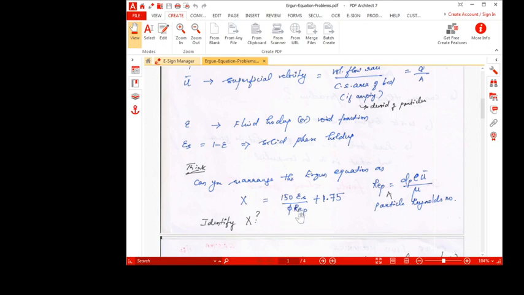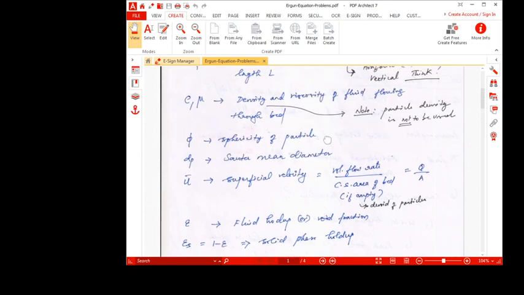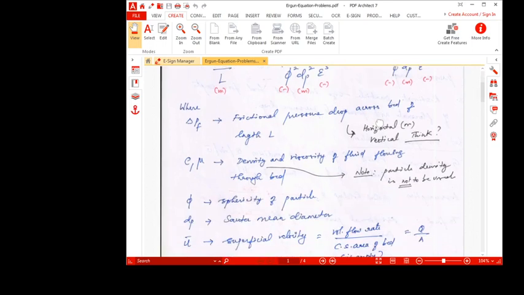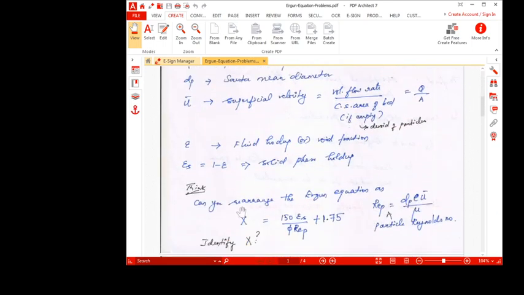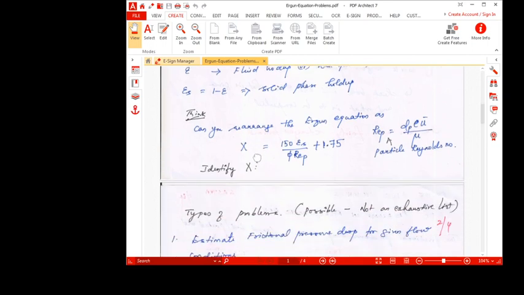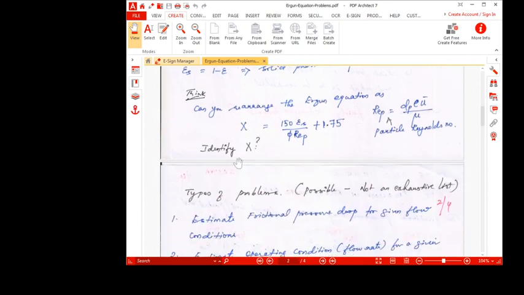In this form, Re_p is the particle Reynolds number given by this expression, where rho and mu are again fluid properties, u bar is the superficial velocity and dp is the particle size. If you rearrange the Ergun equation in this format, can you identify what this term denoted here as x is? I want you to find out what x is. We'll probably take it up during our online interaction.